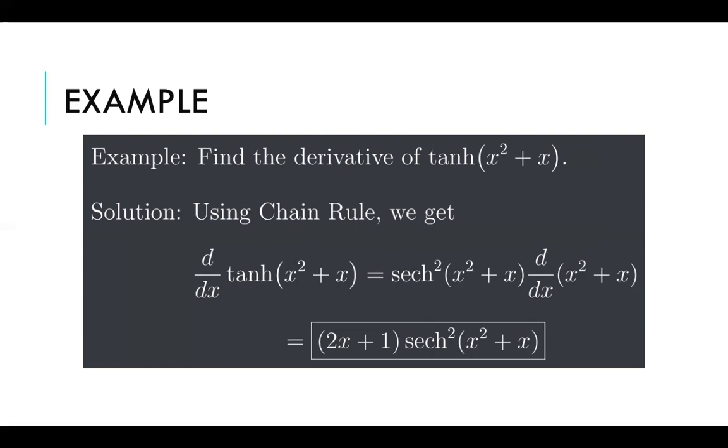The derivative that we need is 2x plus 1. When we differentiate x squared plus x, we obtain 2x plus 1. Multiplying it to the hyperbolic secant of x squared plus x, squared, we obtain the final answer of quantity 2x plus 1, hyperbolic secant of x squared plus x, squared.